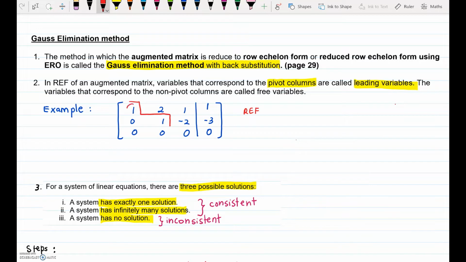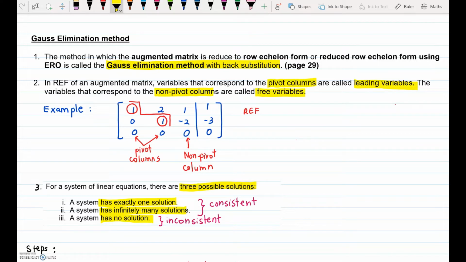The columns with a leading one we call pivot columns, while the columns without a leading one we call non-pivot columns. The non-pivot columns are called free variables.